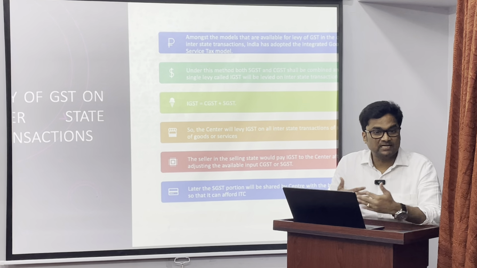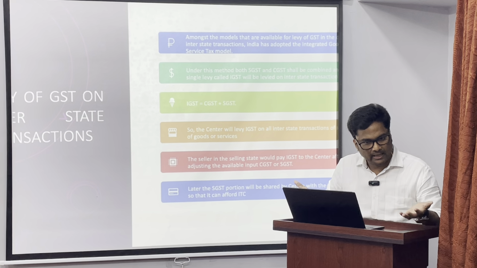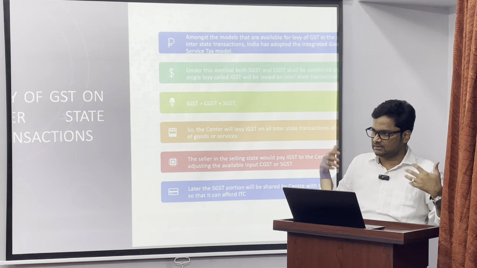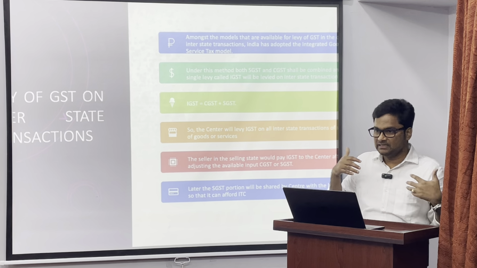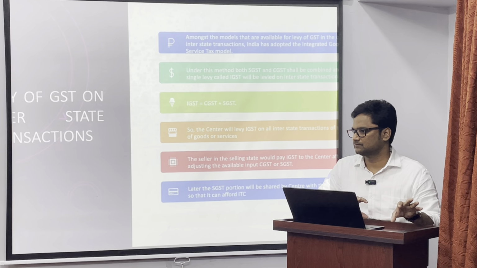Now you understood what this SGST, CGST, IGST confusion is. You said only one GST, one tax, one nation, one rate. Then again you are saying SGST, CGST, IGST. These are all administrative mechanisms to ensure certain objectives, to achieve certain aims.